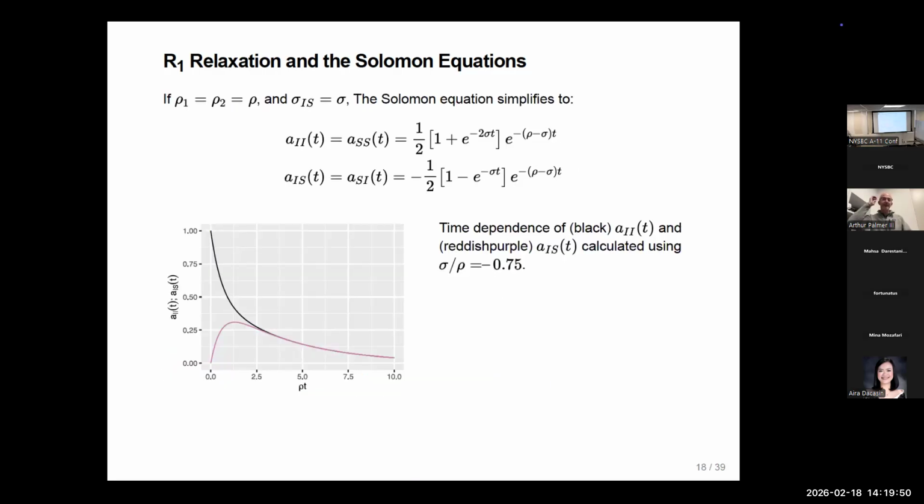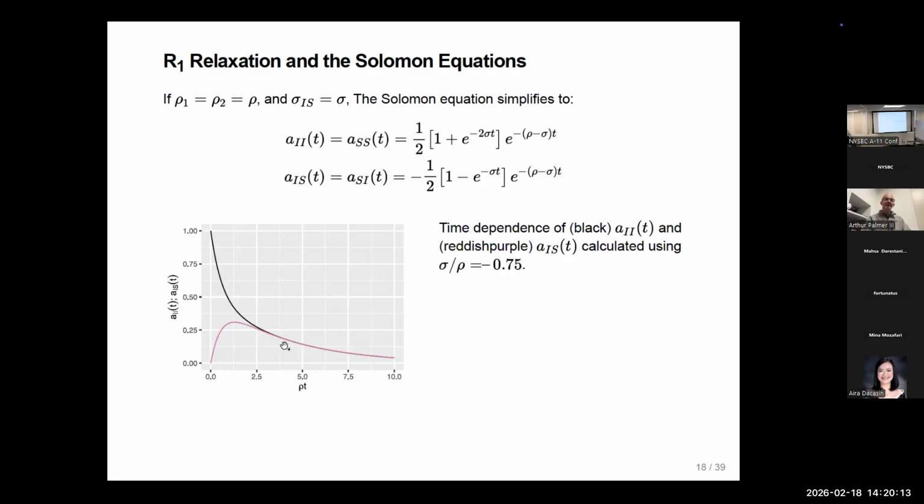Here's what it looks like in the simple case. If the two R1s are the same, then there's a pretty simple functional form and we can make a graph. So if we perturb one of the spins away from equilibrium, it will decay and transfer magnetization to the other spin.